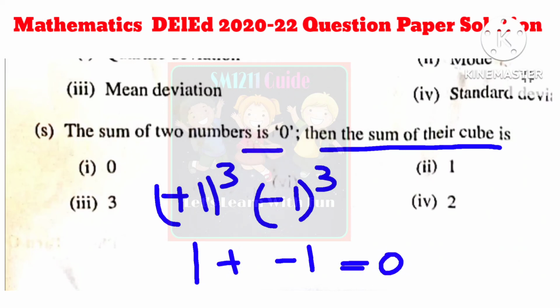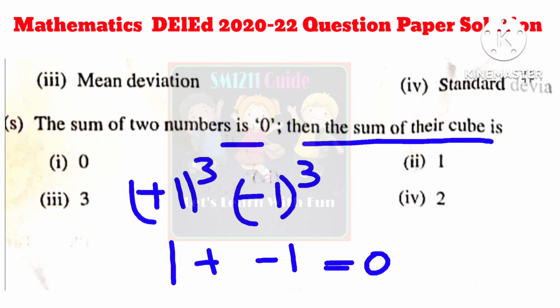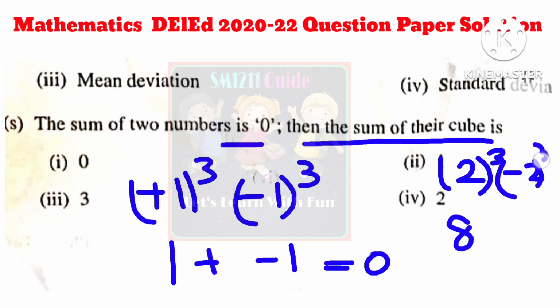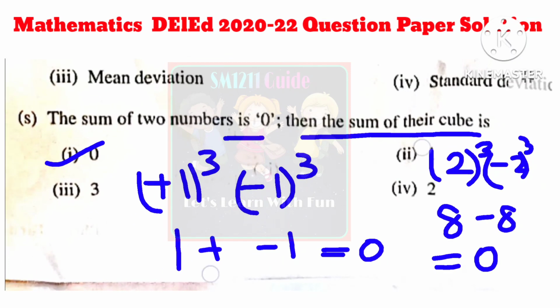Let us check with another number. If we take 2 and minus 2, 2 cubed is 8, and minus 2 cubed is minus 8. If we add, we get 0. That means in every assumption, if the sum of the numbers is 0, the sum of the cubes will be 0 as well. So option number 1 is our correct option.